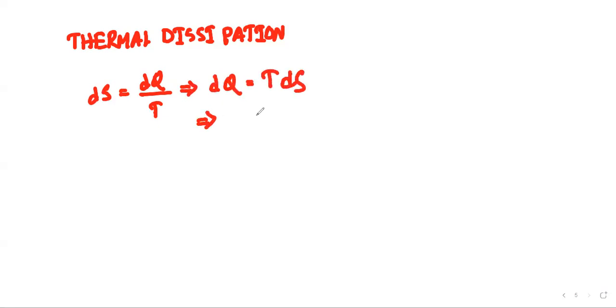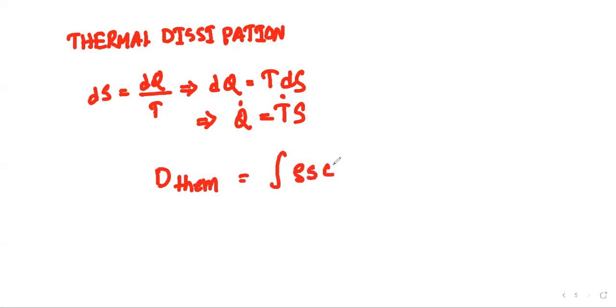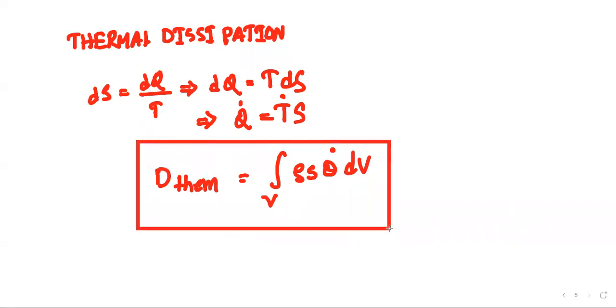If we take the rate, we have the rate of dissipation, Q dot equals theta S dot, keeping the entropy fixed. For a fixed entropy, this is the rate of change of dissipation. So for a continuous body, the expression becomes rho, entropy per unit volume, rate of temperature, dV over V. So this part is thermal dissipation.